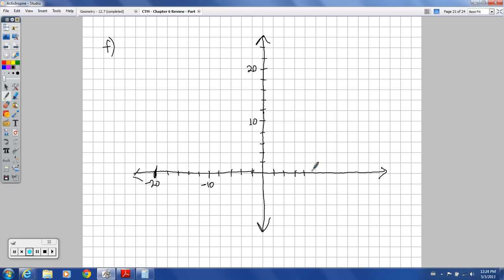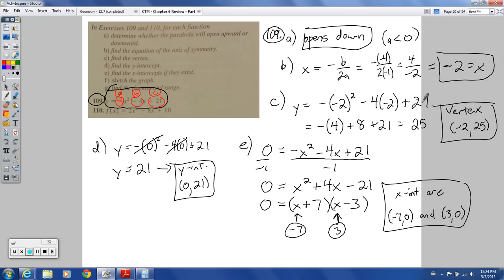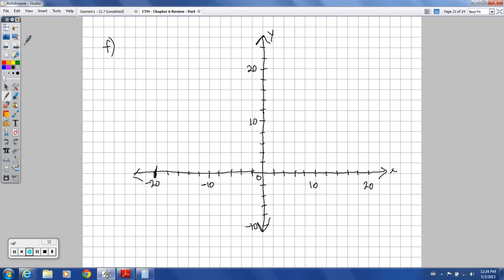And -10 down here. This is 0. Okay, so start with the vertex. Got a vertex at -2, positive 25. So -2, positive 25 would be right there.